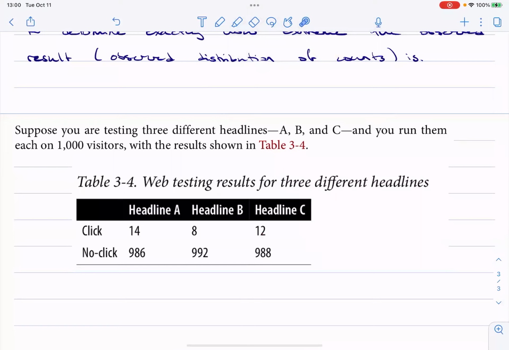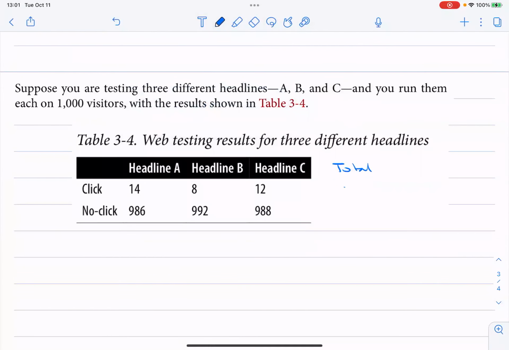Overall, right, we have 14 plus 8 plus 12 clicks. So we have a total of 34 clicks, and 3,000 minus 34 is 2,966. Okay, it checks out.